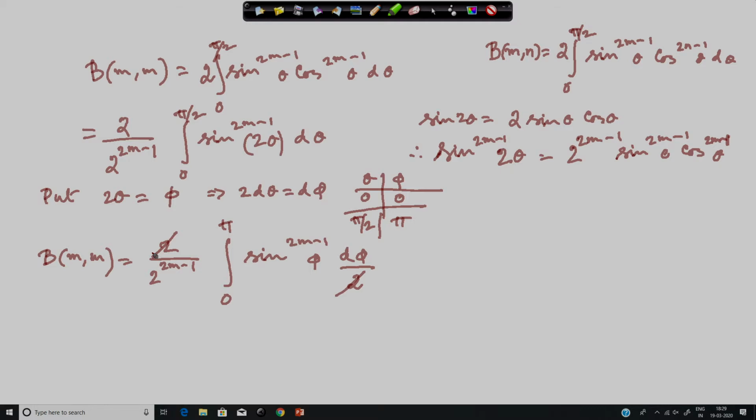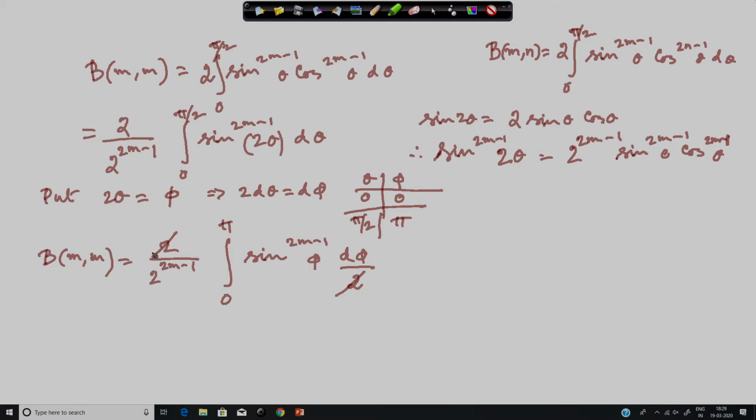Now, again you see what has happened, the limits have become 0 to π, but in order that we can write it in the form of a beta function, we must have the limits as 0 to π/2.